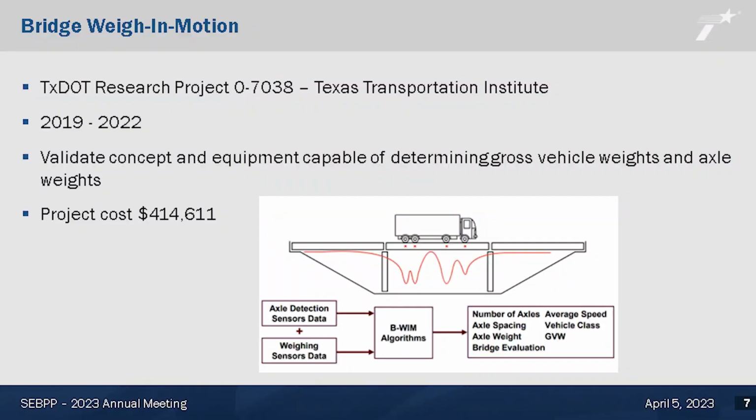So most of you are probably familiar with permanent weigh-in-motion stations, maybe even some portable weigh-in-motion stations. Expanding on that, we're instrumenting bridges, and then writing an algorithm specific to that bridge to measure the response and come to a conclusion on what the loads that bridge is seeing.